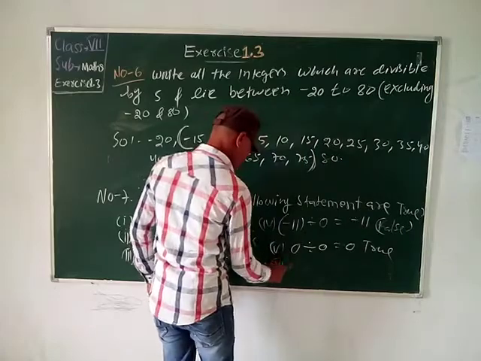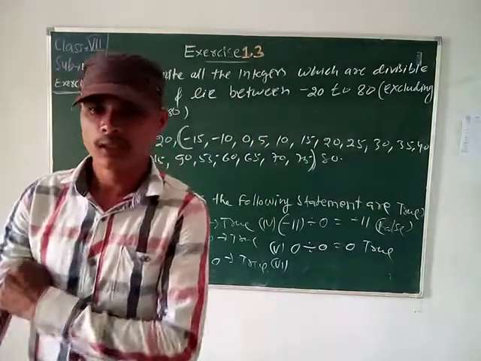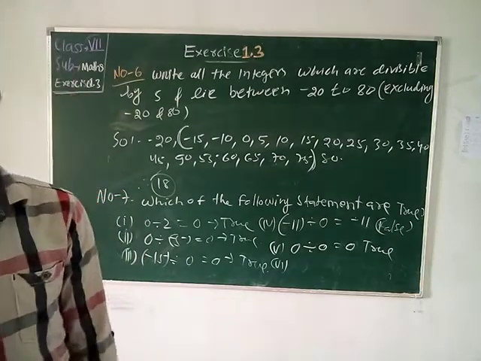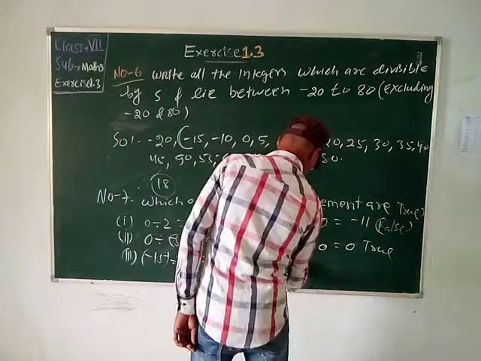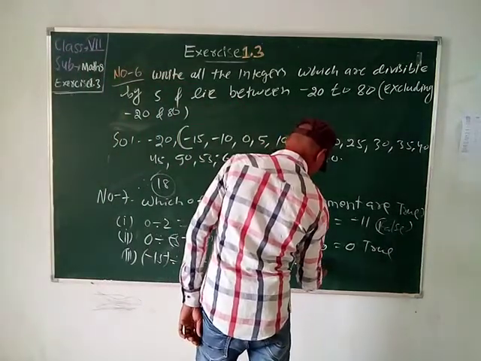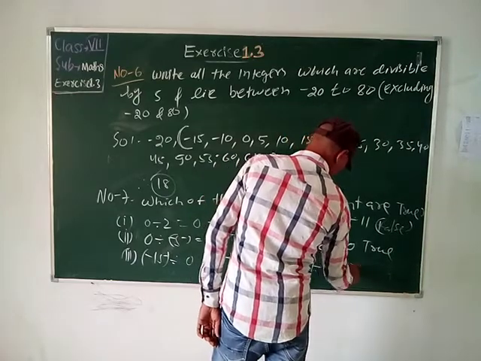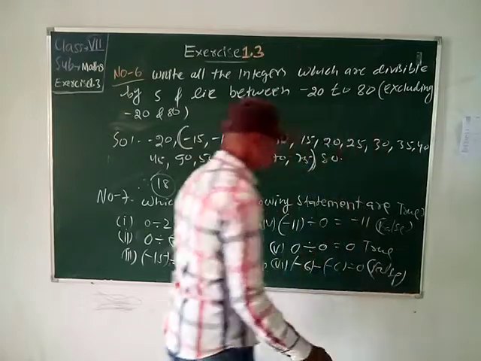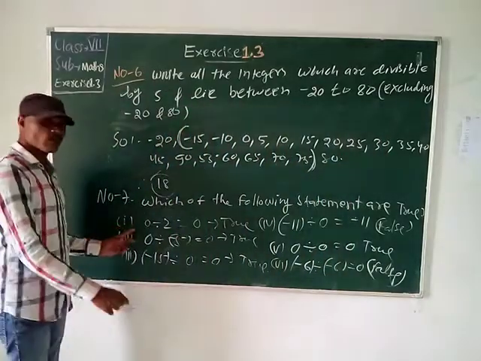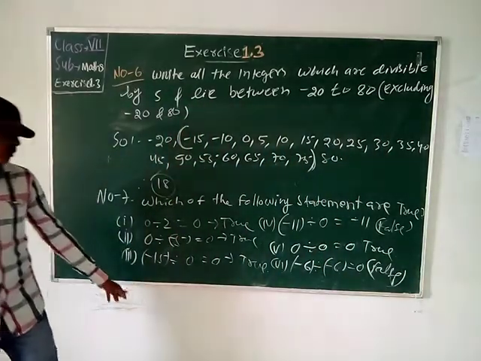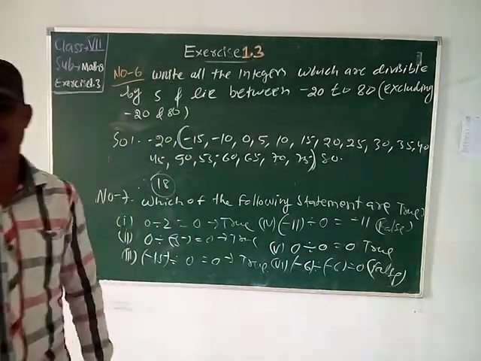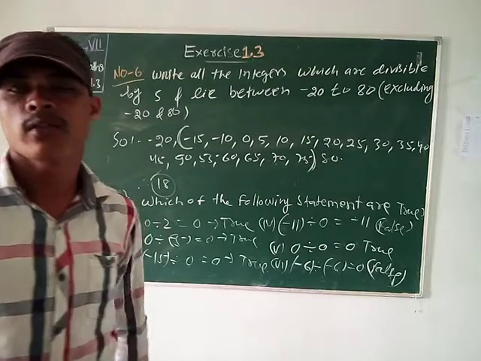Sixth bit is minus 6 divided by minus 6 equals 0, which should be false. That means the true statements are the first, second, third and fifth, and the others are false.